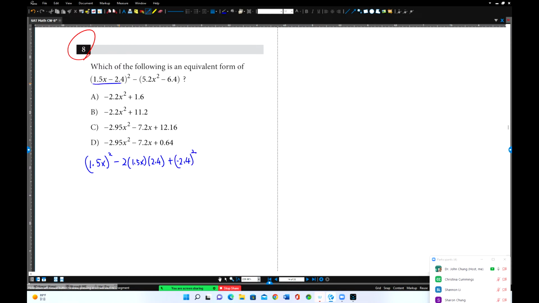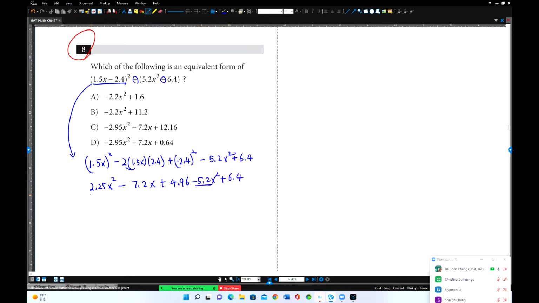That's the first expansion. 1.5 squared is 2.25x squared. Minus 2 times 1.5 is 3, and 3 times 2.4 is 7.2x. Then 2.4 squared is 5.76. And minus 5.2x squared and so on.